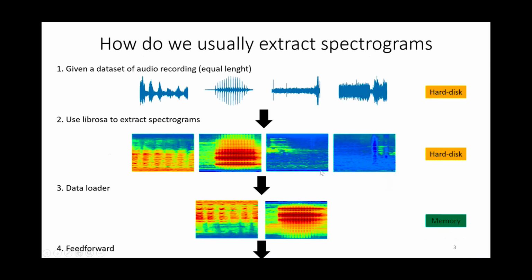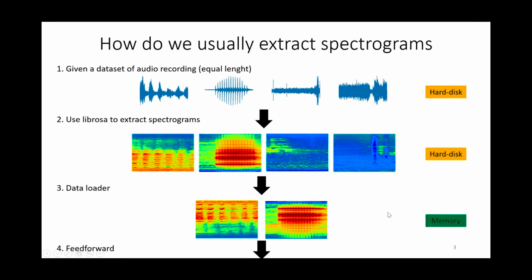And then we have a data loader, and we load our data batch by batch to our model. So the first two steps will be on hard disk. We have the original data set in the format of waveforms, and then we extract the spectrogram from the waveform, and we save it on the hard disk, and then we use a data loader to load all this data from hard disk to memory, and then feed forward to our network.